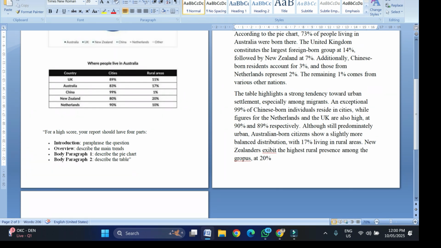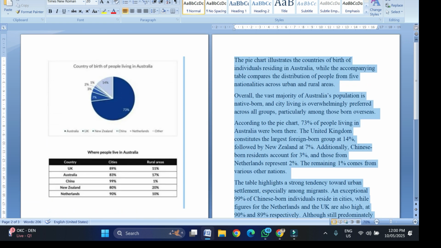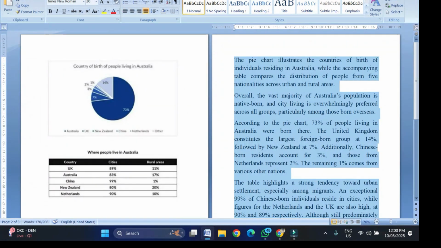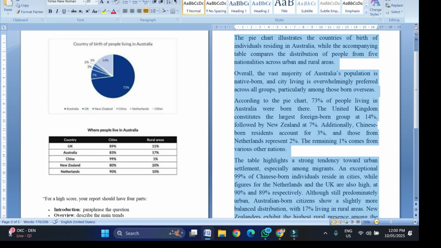Spelling mistake. Proofreading is very important, guys. All good. So the total number of words is 170, and here is the answer.